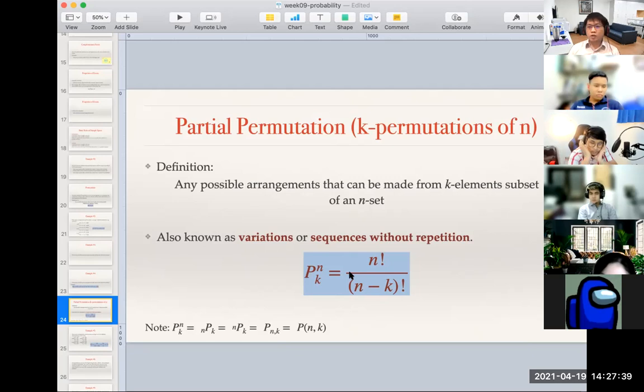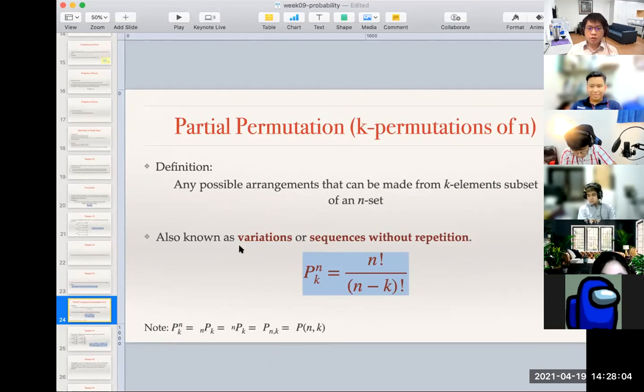In some references, or for some lecturers, they prefer to write this k-permutation of n in different symbols, like this one. I've listed all of them one by one here. So please don't get confused by the way other people write the symbols. All of them here are the same. Some people prefer to write k-permutations of n as P_k^n.